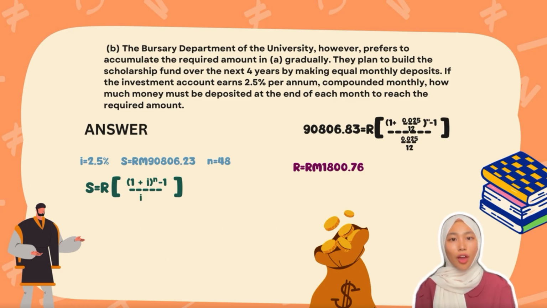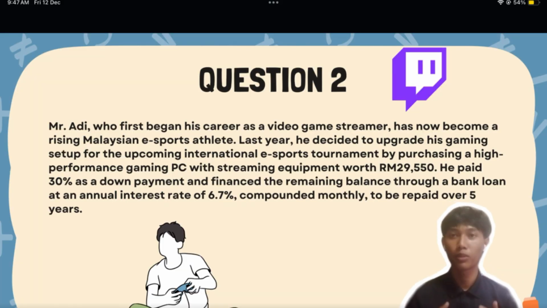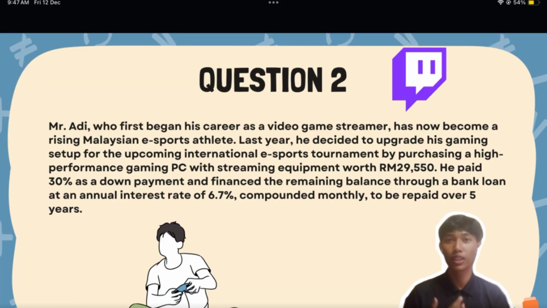Lastly, you just apply all of these values into the formula, press your calculator and you will get your final answer, which is 1,800 ringgit 76 cents.